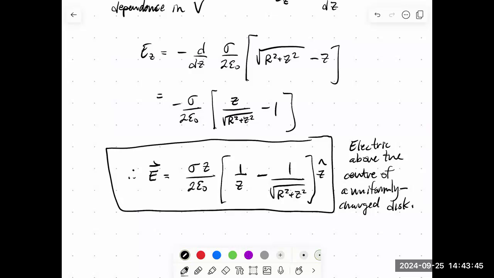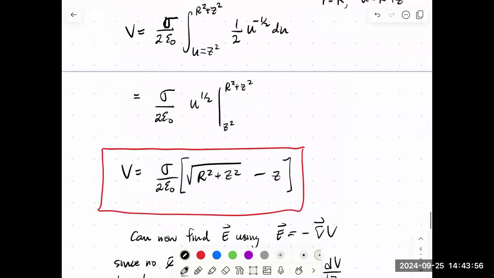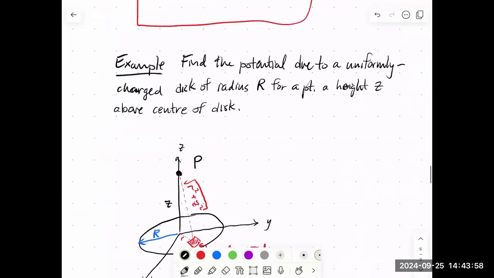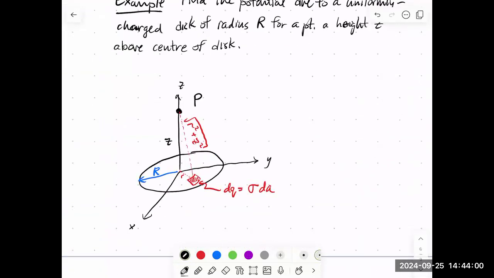I'm hoping that when you do that, you will find that what we did in class is easier. And it's easier because when I wanted to know the net potential here, I just add them up from all these different little patches of area, but they're all scalar contributions.